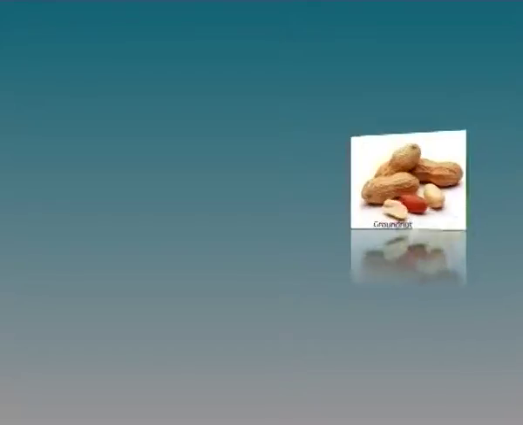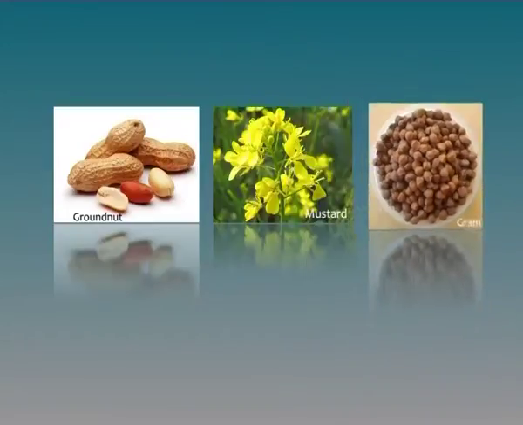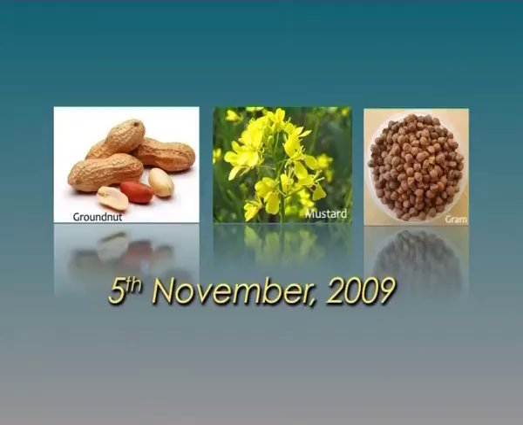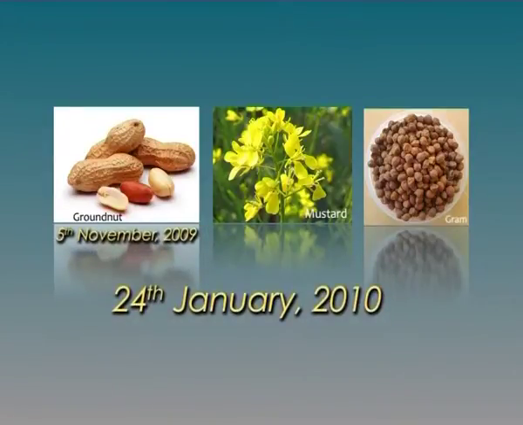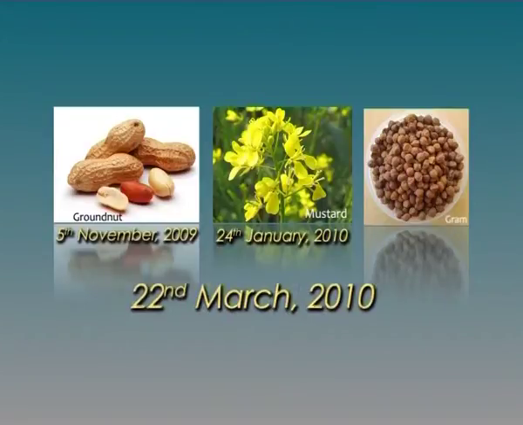The data on area, production, productivity, prices, and arrivals in selected markets, import, export, etc. for groundnut, gram, and mustard have been collected and compiled. 3 forecasts for groundnut, mustard, and gram prices at harvest were delivered on 5th November 2009, 24th January 2010, and 22nd March 2010 respectively.